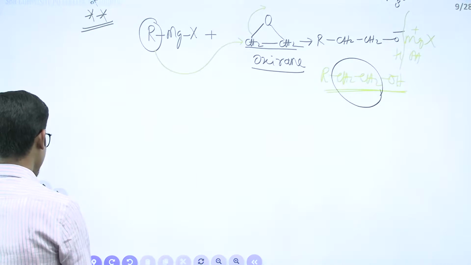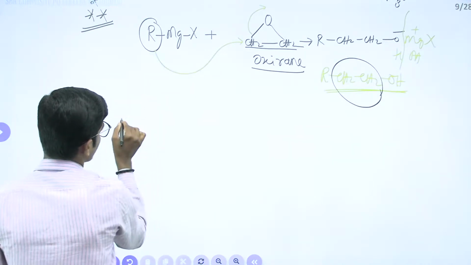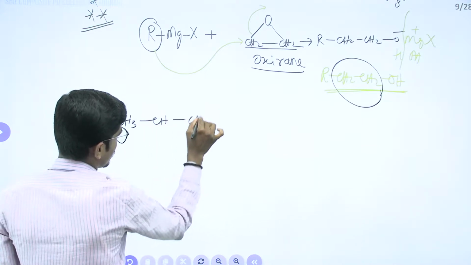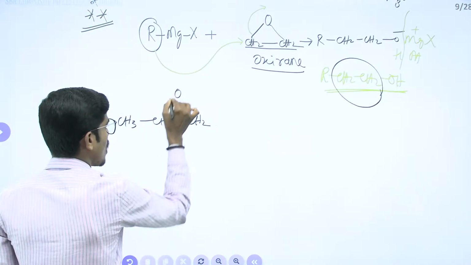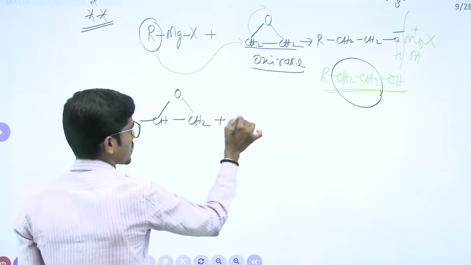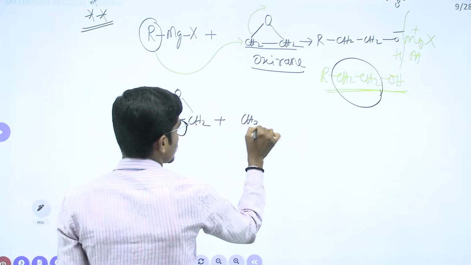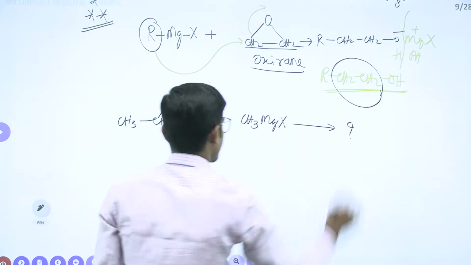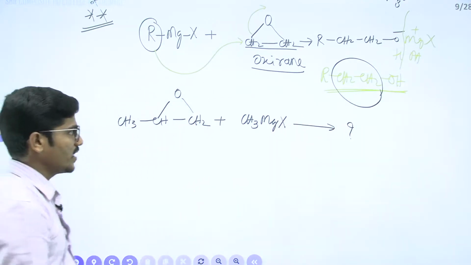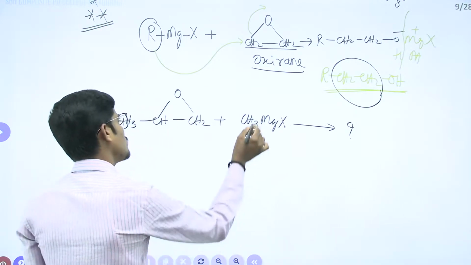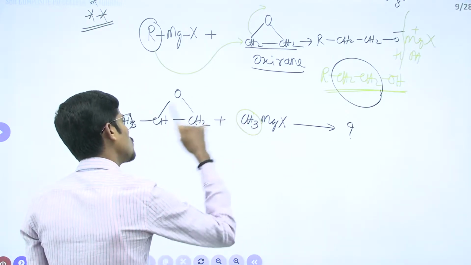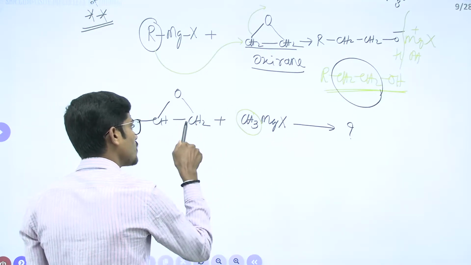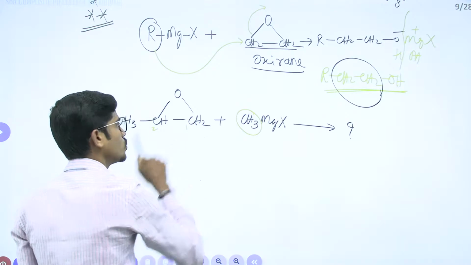Another example: if I take a different epoxide, CH3CH-CH2 with oxygen, plus Grignard reagent CH3MgX. Identify the product. Here the major doubt is whether the CH3 group, the alkyl group of the Grignard reagent, attacks carbon number 1 or carbon number 2.